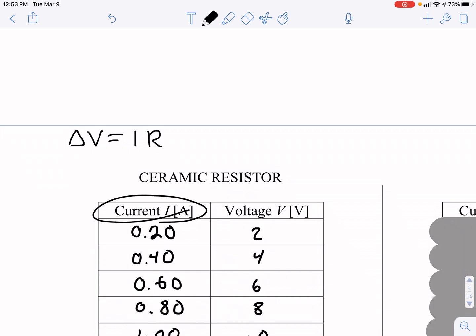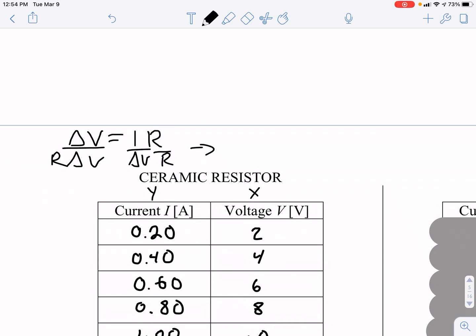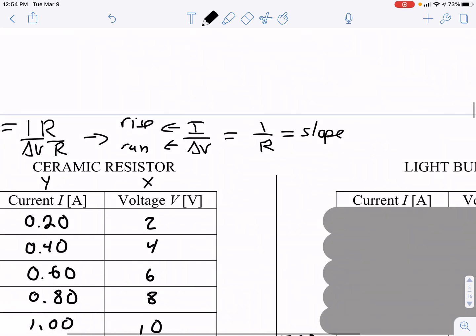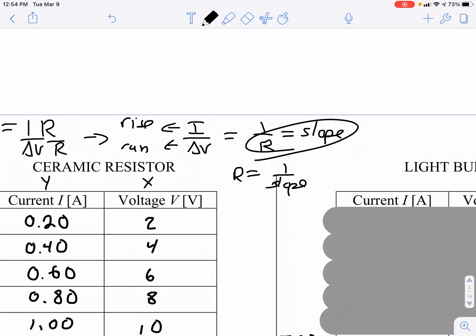Now, current was the dependent variable, voltage was the independent variable, and if I write them as such, divide both sides, and then move the R over here, this rewrites to current over potential difference equals 1 over R. Well, the current would be our rise, the potential difference would be our run, and 1 over, or the inverse of the resistance, would be your slope, which means your resistance would be the inverse of your slope.